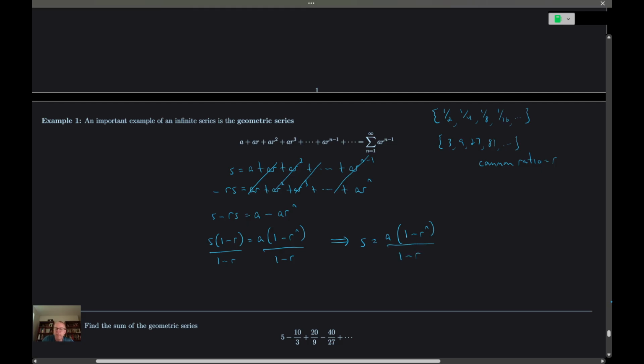Now, if we take the limit to infinity, so let's find the limit as n goes to infinity of S. So that's the limit as n goes to infinity of A times 1 minus R to the n over 1 minus R. Well, obviously looking back at this one, when we add up all the terms of this, it's going to go to infinity.